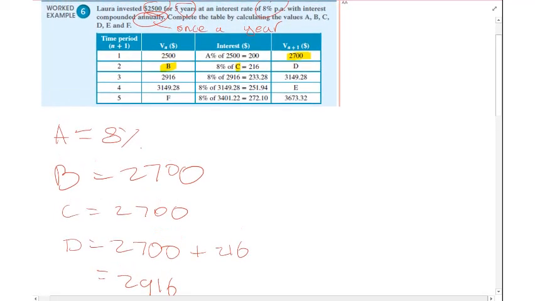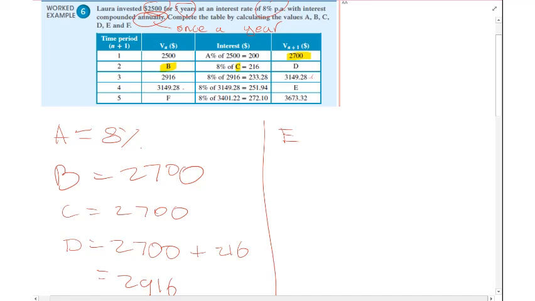All right, E. So we've worked out what this Vn plus 1 is, and that's the same as that. And then I've gone 8% of that value, which gives me 251.94.